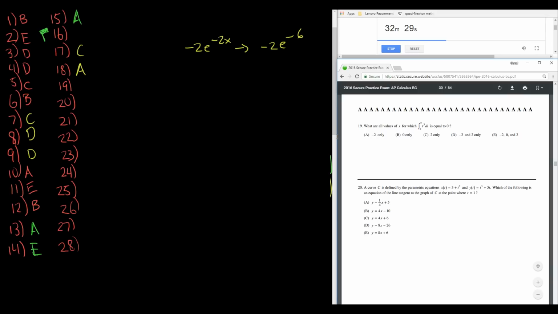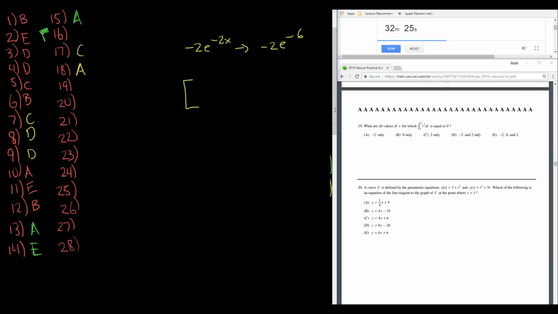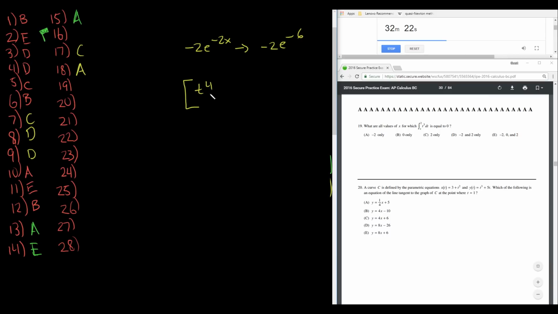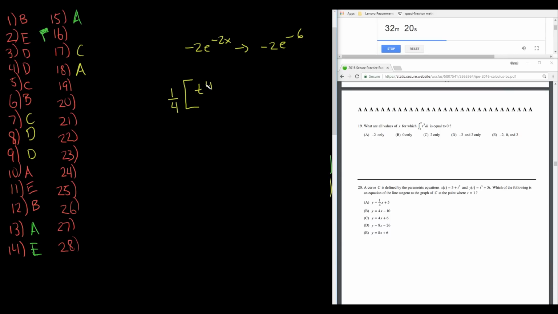What are all values for which this equals 0? Well, let's evaluate it. This integral here is going to be 1/4 t to the fourth, from x to 2. So this is going to be equal to 0, so let's get rid of the 1/4. So what we're saying is that 2 to the fourth, aka, what is that, 16, right?